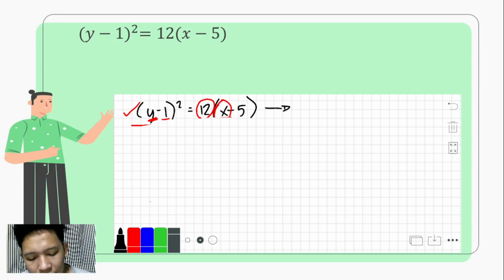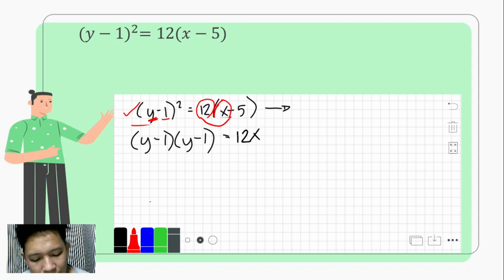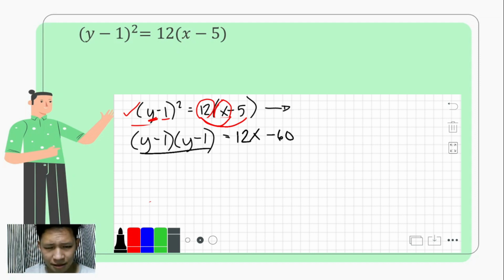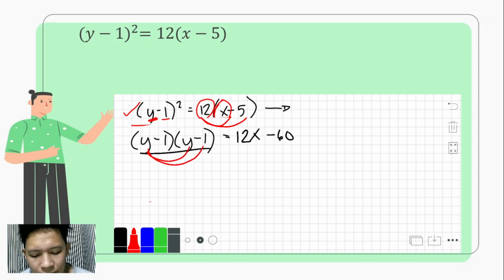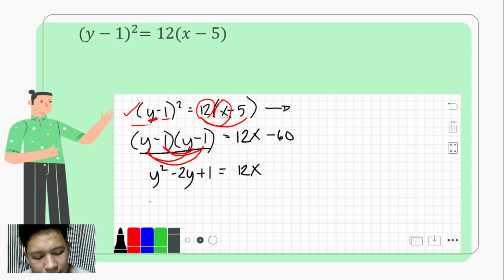So, that is the square of y minus 1, so y minus 1 times y minus 1 equals 12 times x minus 5, that's 12x minus 60. And then we simplify this. This is square of a binomial. That is y times y, y times negative 1, and then negative 1 times y, and then negative 1 times negative 1. That is y squared minus 2y plus 1 equals 12x minus 60.